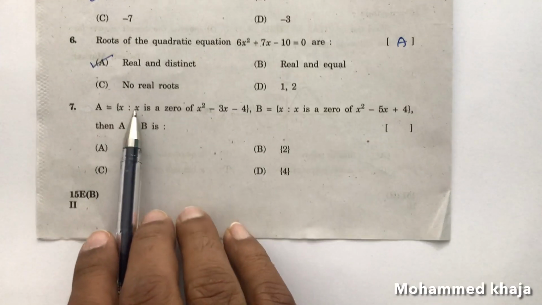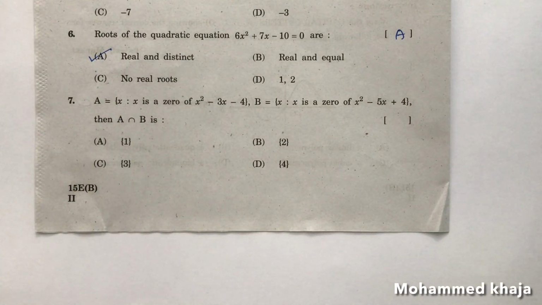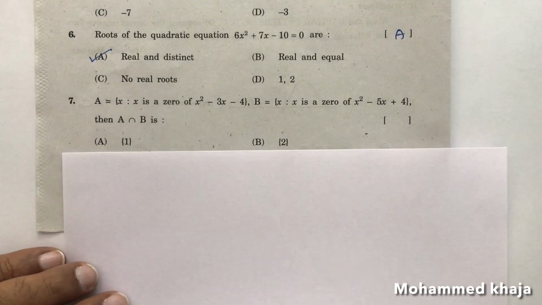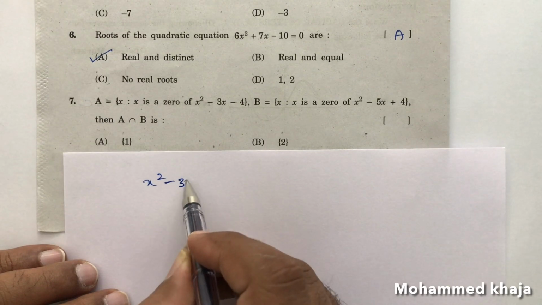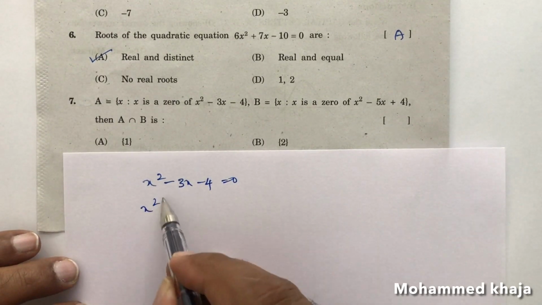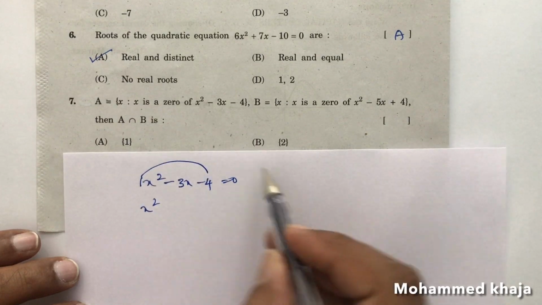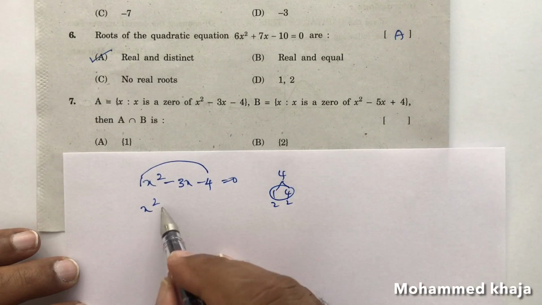Now in the same way, next question. Here, if A equals x such that x is a zero of x square minus 3x minus 4. We need to find the zeros. So x square, 1 into 4 is 4 and 2 into 2. So here I'll select the pair 1, 4.